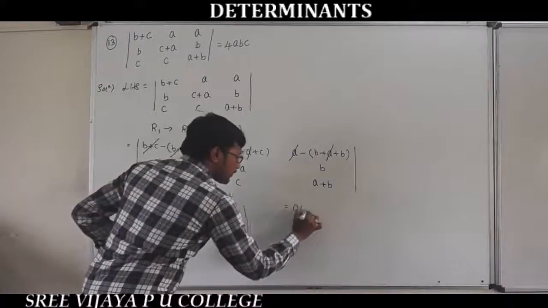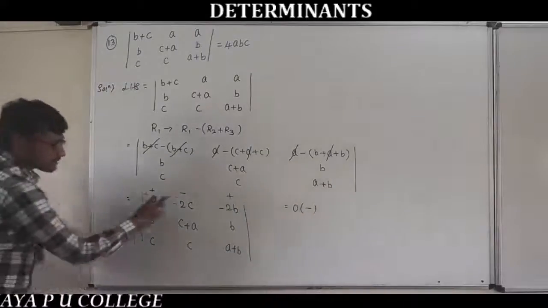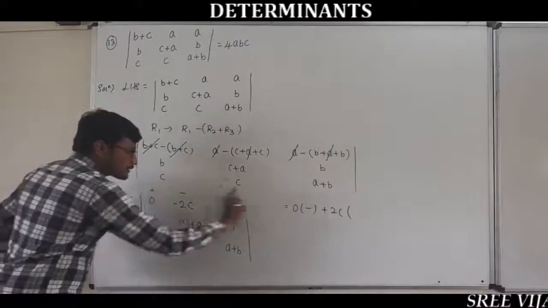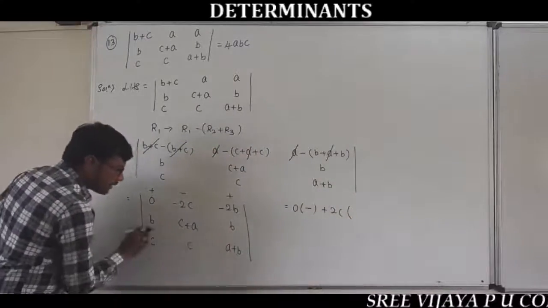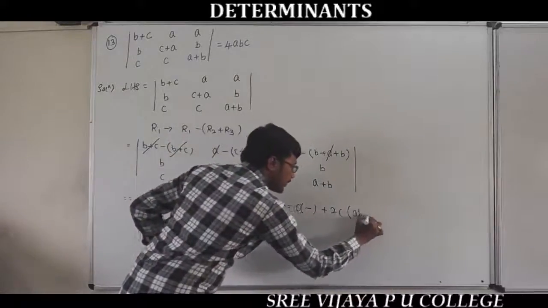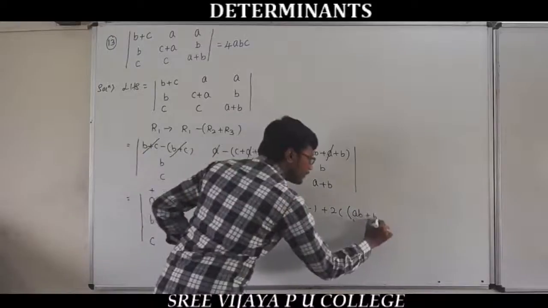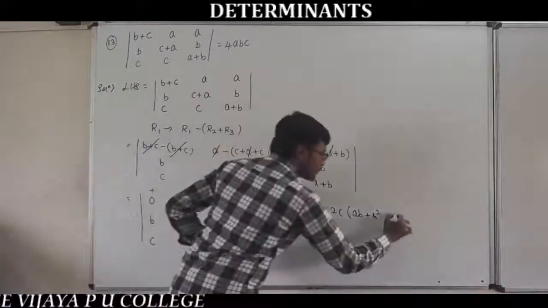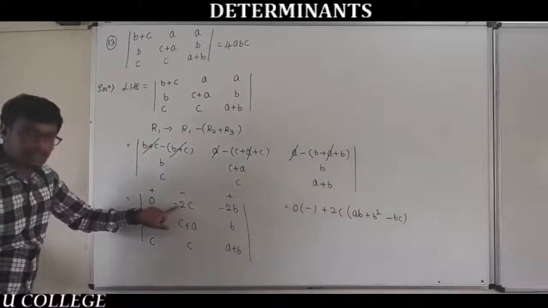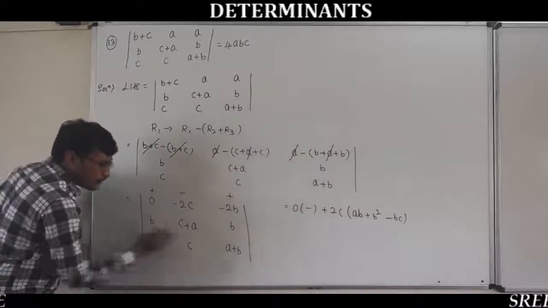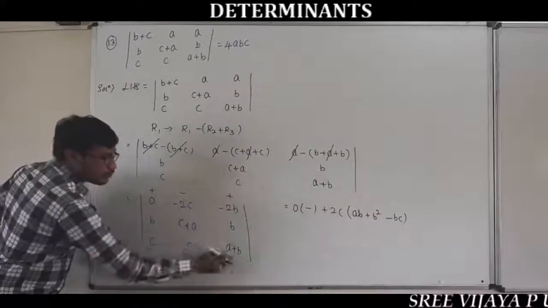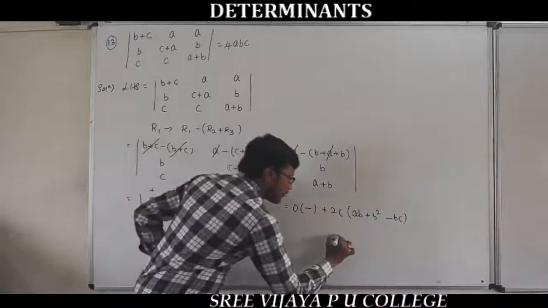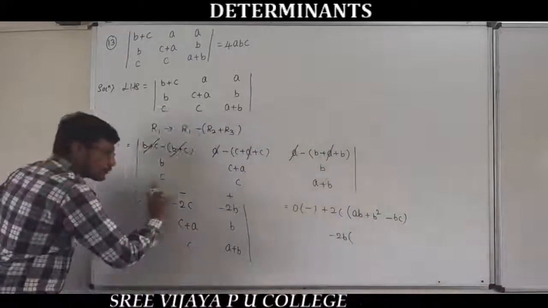So what do we multiply 0 by? It is 0, right? Next, minus into minus, what happened? So plus 2C. For this, leave the first row, second column. B into A, B into A, AB plus B into B, what happened? B square. Next minus, so B into C, BC. For the first row, second column, leave it: B into A plus B into A, BA plus B into B is B square, minus B into C, B square. Next third element, plus into minus 2B. For this, you can leave the first row, third column.